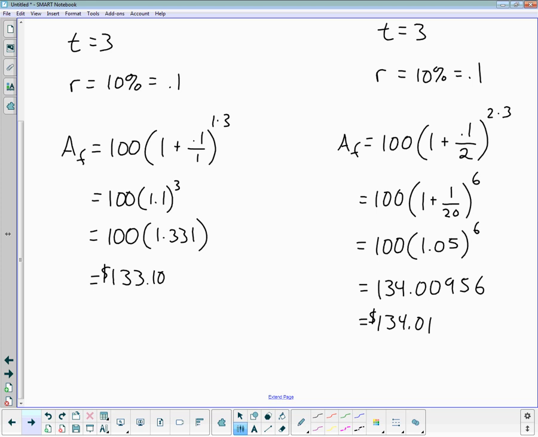But if I were to say compound every month, you don't have to copy this one down, but I'll just do the math real fast and you can see.